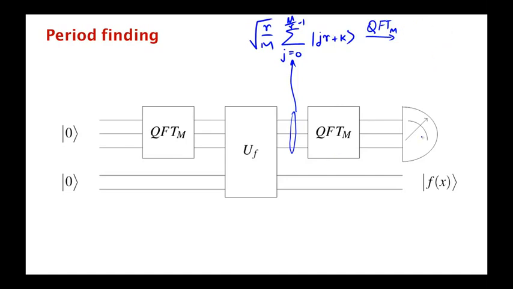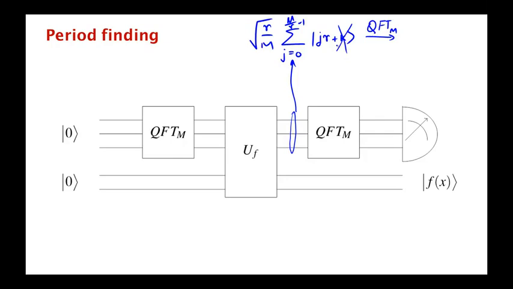So if we are planning to do a measurement right afterwards anyway, those phases are not going to make any difference to us. So we may as well get rid of this cyclic shift, because it's not going to make any difference to the Fourier sampling that we're going to do.